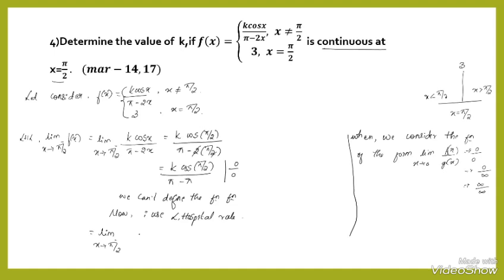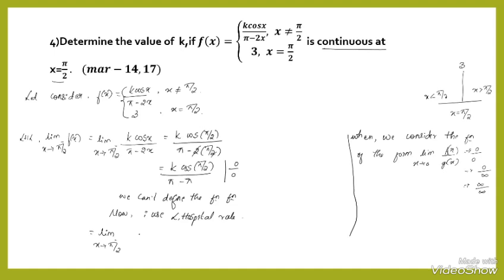Okay, here k is constant. Differentiation of cos x will be minus sin x divided by pi is a constant, differentiation of minus 2x is again minus 2. Okay, then I apply the limit.